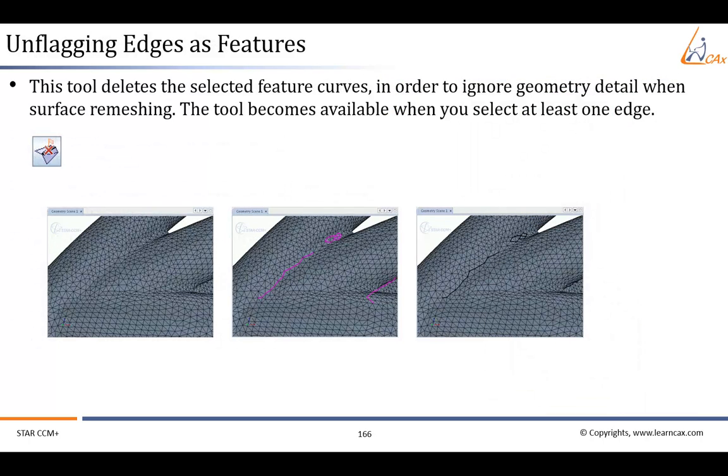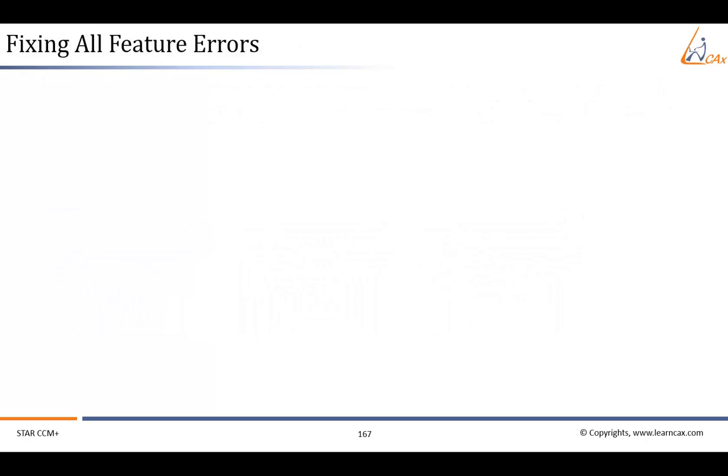Next is unflagging edges as features. This tool deletes the selected feature curves in order to ignore geometry detail when surface remeshing. The tool becomes available when you select at least one edge. The next tool is fixing all feature errors.